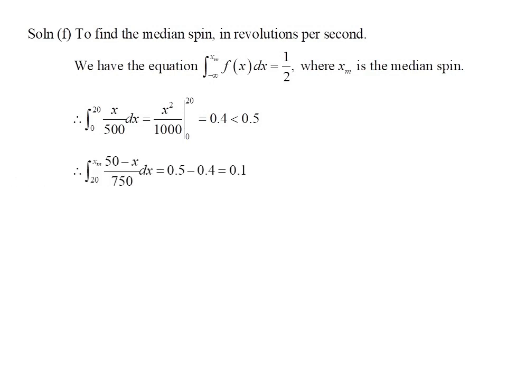Hence, the equation to calculate the median spin is the integral from 20 to x sub m of (50 minus x) all over 750 dx equals 0.1.